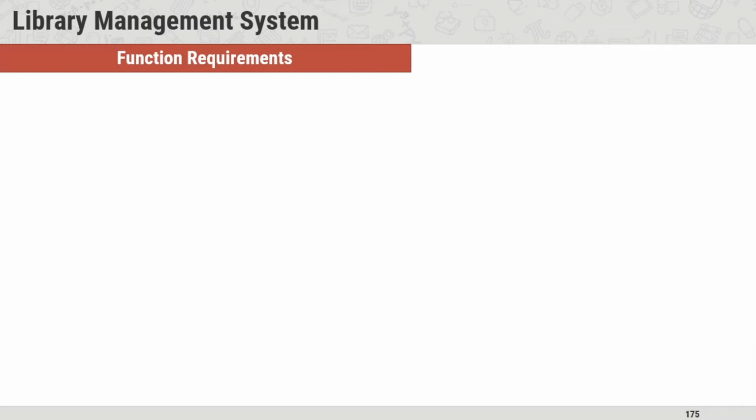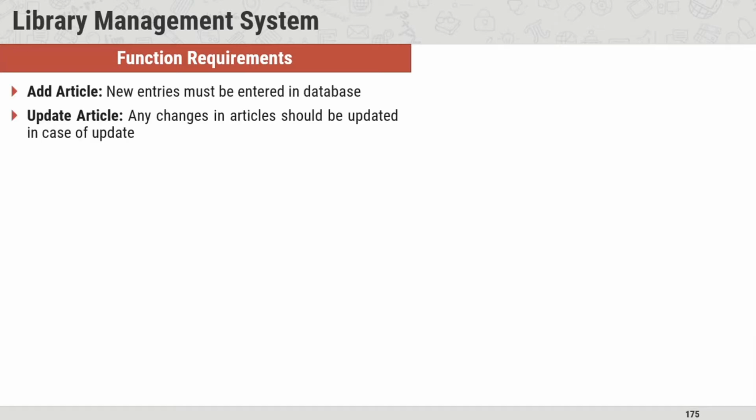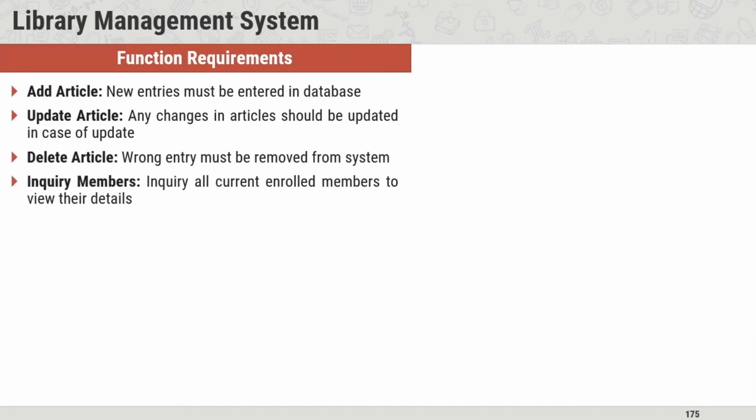Accordingly, we can divide what exactly are the functional requirements, what exactly your system should do, and what are the extended functionality, like what my system does not necessarily have to do. That is called a non-functional requirement. For functional requirements, my system must do all of these things: it should add article, update article, delete article, and inquiry of the members.